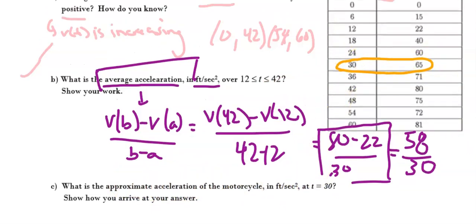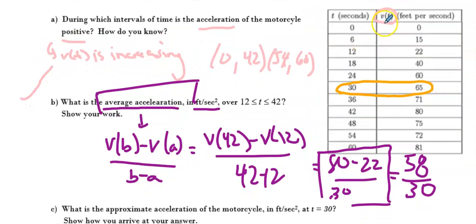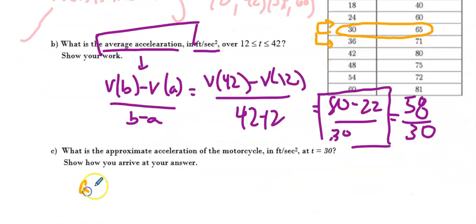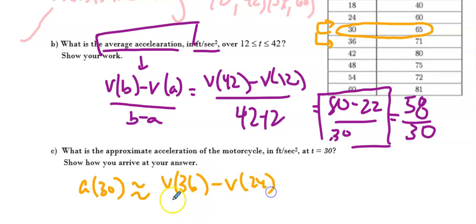And notice that this is a chart for velocity, so what you will always do is go to the one that's closest to the bottom of it and the one that's closest to the top of it. So the approximate acceleration for 30 is going to be the velocity from the right minus the velocity from the left.